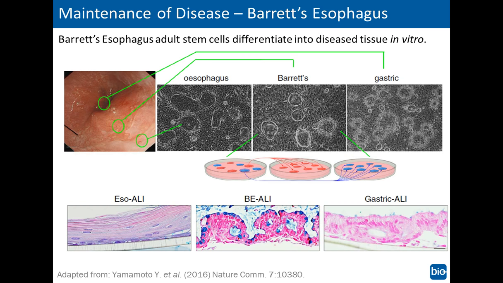So it really suggests that Barrett's esophagus is an intermediate or a precursor to esophageal cancer. It also suggested why it's difficult to get rid of Barrett's esophagus, which sometimes they'll remove the lesion and it'll regrow. And this work suggests that in order to stop this, you have to target the stem cells and get rid of those as well.